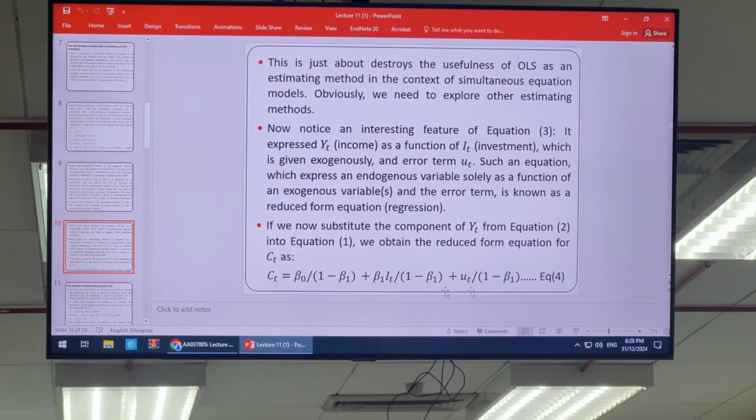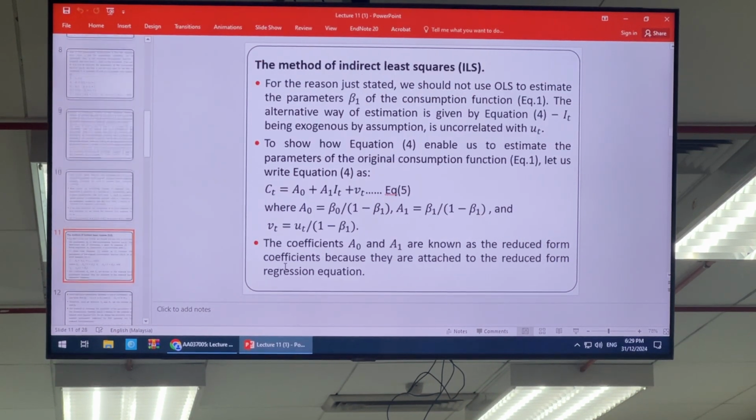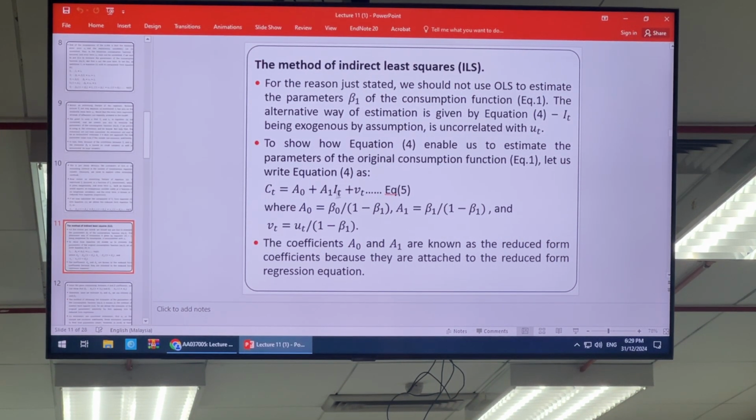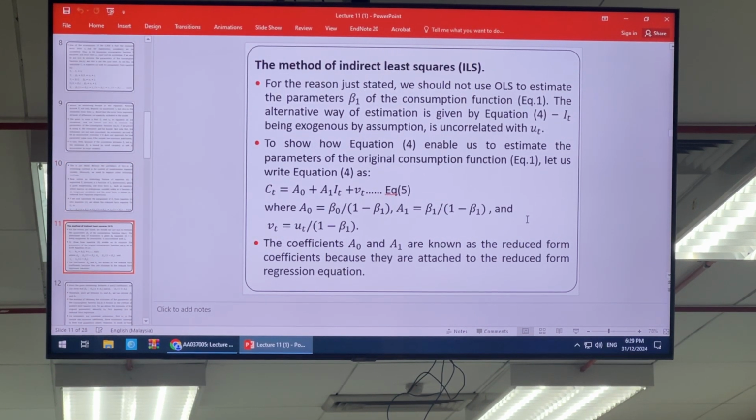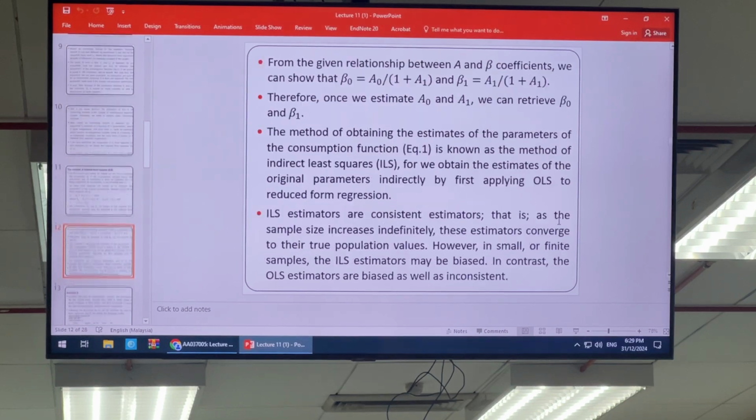For equation 4, we can use ordinary least squares because IT is not correlated with UT. So you regress consumption against investment, and then you get the estimates, and you use the estimates to calculate the coefficients in the first equation, which are beta 0 and beta 1. Okay, understand?